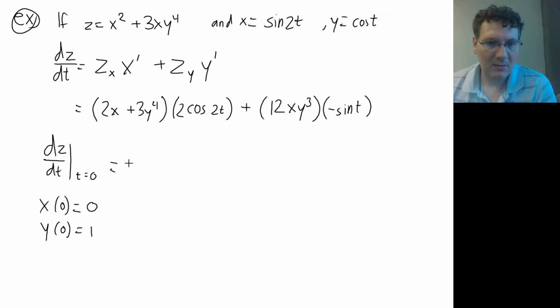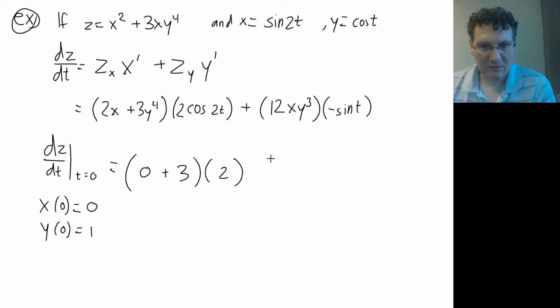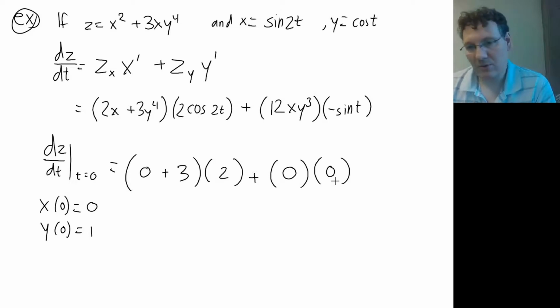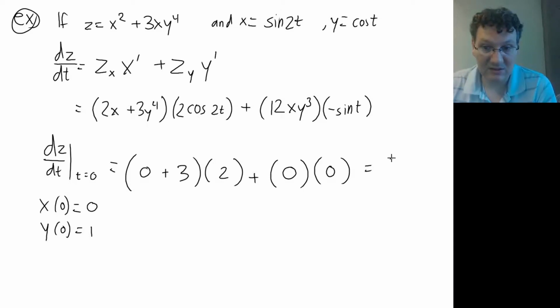So plugging all of that in, we're going to have 0 plus 3 times 2 times the cosine of 0, which is 1, plus 0, because x is 0, times negative sine of 0, which is 0. So in the end, we have 3 times 2, which comes out to be 6.